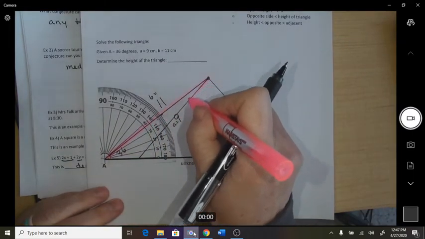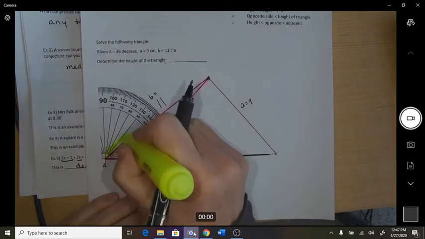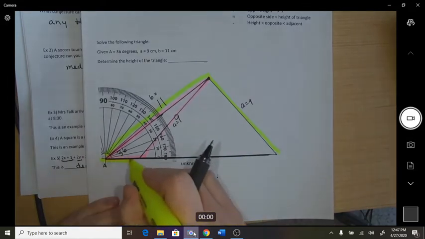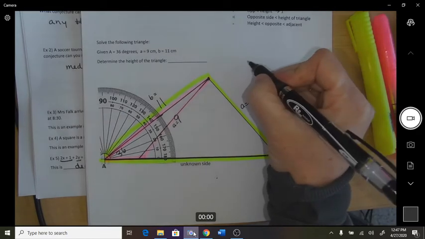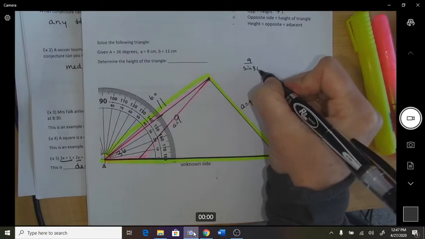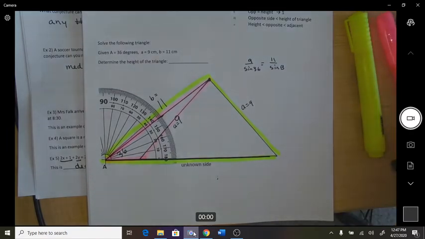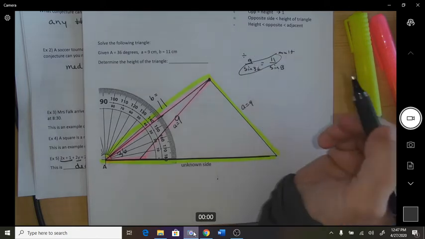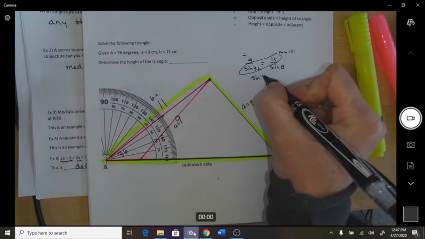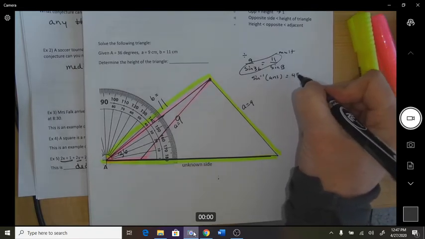So I'm going to have 11, 9, and something. And then this, I'm going to have 11, 9, and something. Okay, so let's start. So 9 over sine 36 equals 11 over sine B. So we are in our calculators, so times, divide, and inverse that answer. Okay, we get 45.9 degrees.